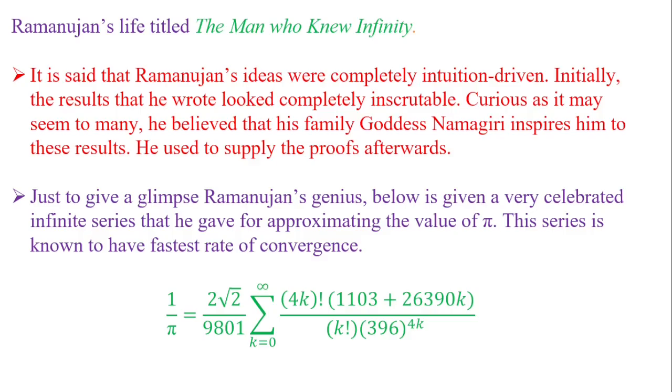It is said that Ramanujan's ideas were completely intuition driven. Even he admitted that his intuition drove him to those ideas. He did not actually work out those ideas by following any logic, though he believed that his family goddess Namagiri showed him those formulas.